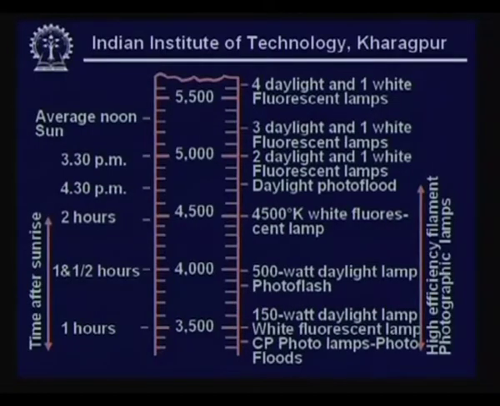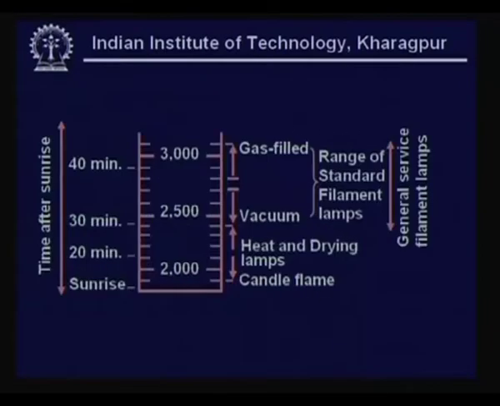As we go along we see different kinds of lamps, a 500 watt daylight photoflash lamp, a 150 watt lamp. As we go further down we see how the natural light and artificial light color temperatures are going around.